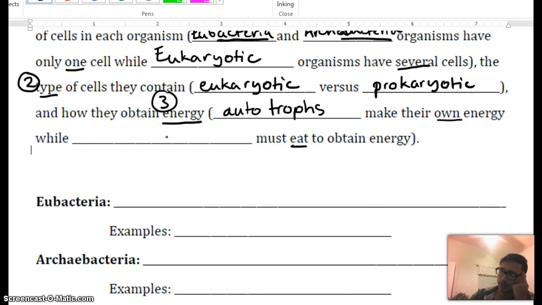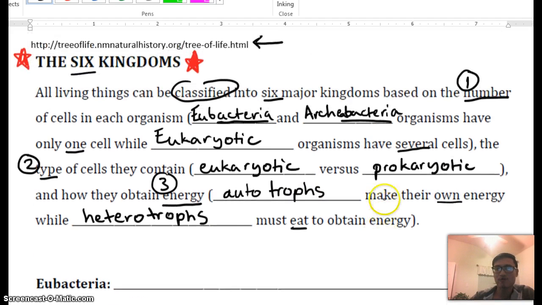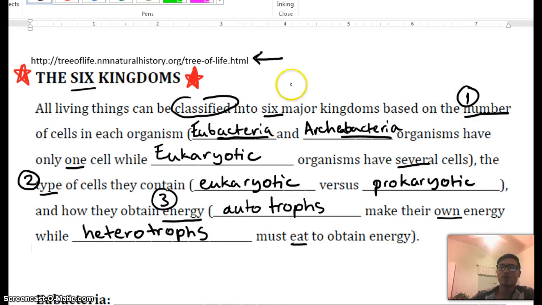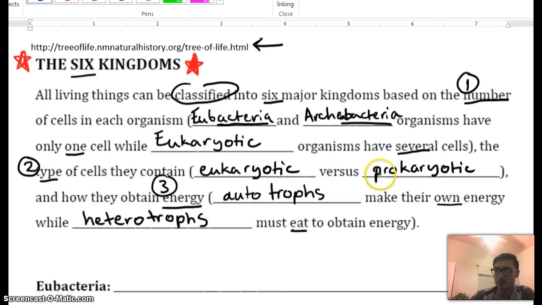I want you to think back to genetics when we were talking about same and different. What was the prefix for different? The prefix for different was hetero. So if autotrophs make their own energy, heterotrophs have to eat or consume something else to get energy. So a quick recap: we have number, we have type, and we have how they obtain their energy.